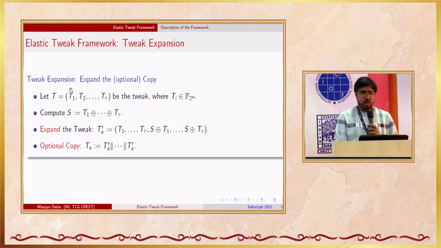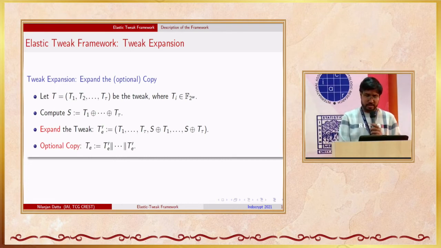And how do you do the tweak expansion? We use a very simple algorithm. Here you have several words, each of W bits, and you just XOR all of them. You expand the tweak to just double the size.